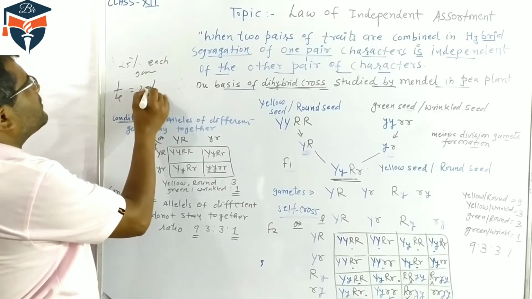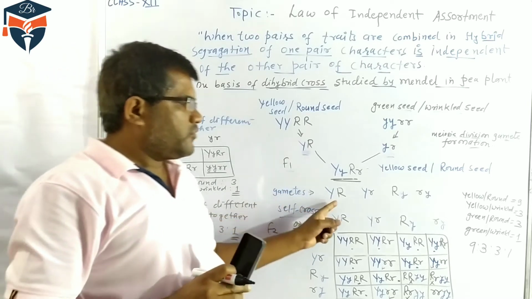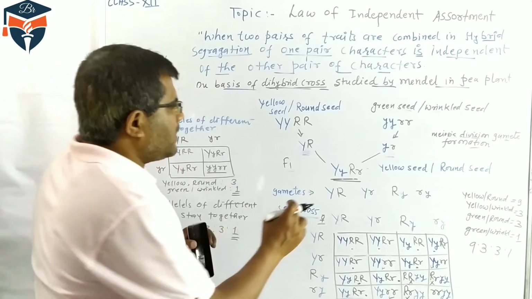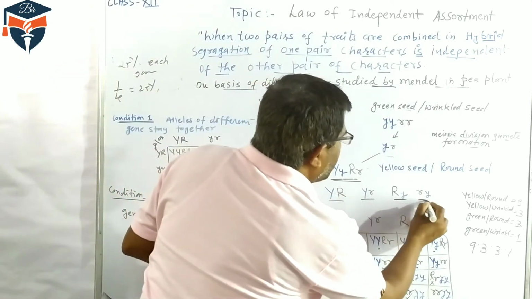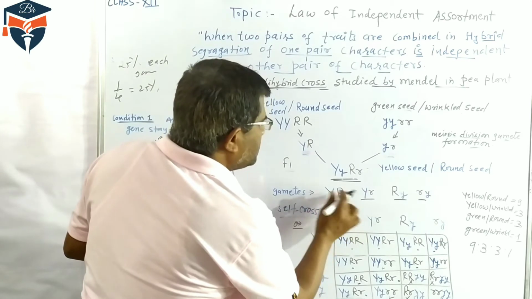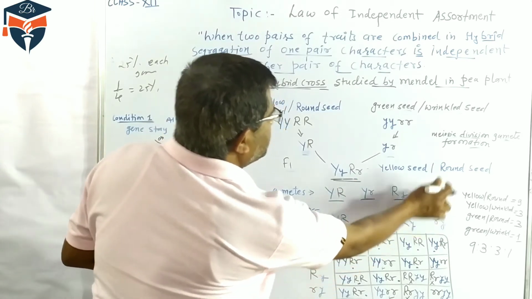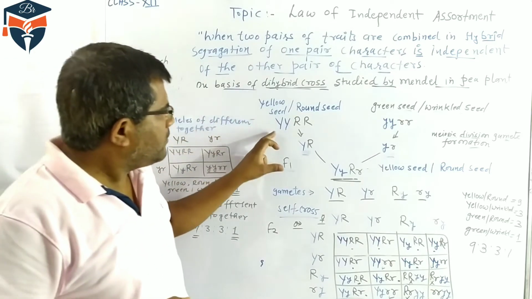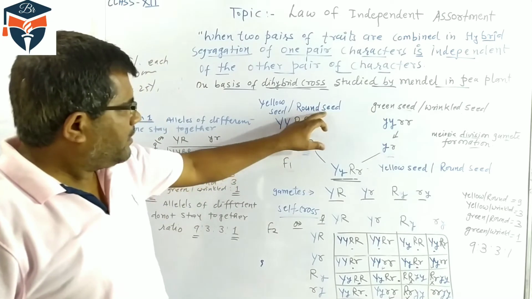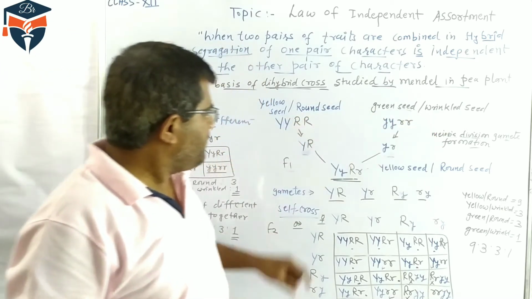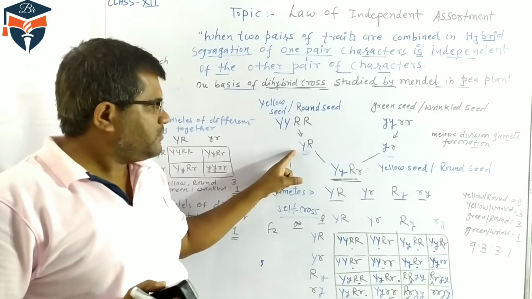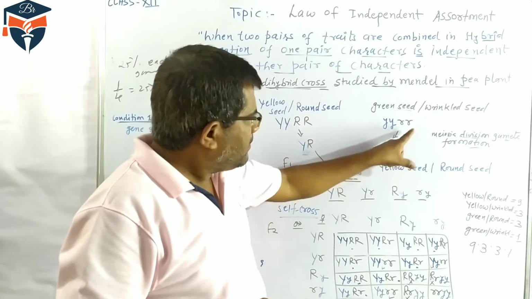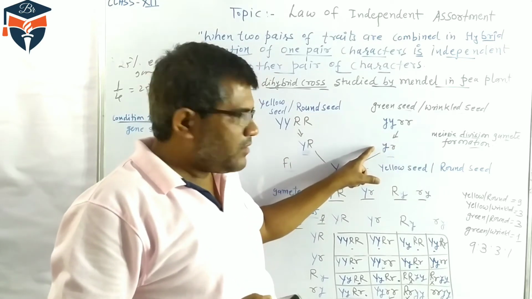So overall, yellow is dominant to green, and round is dominant over wrinkled. From one parent, the gamete carries 2 alleles, capital Y, capital R. From the other parent, the gamete carries 2 alleles, small y, small r.